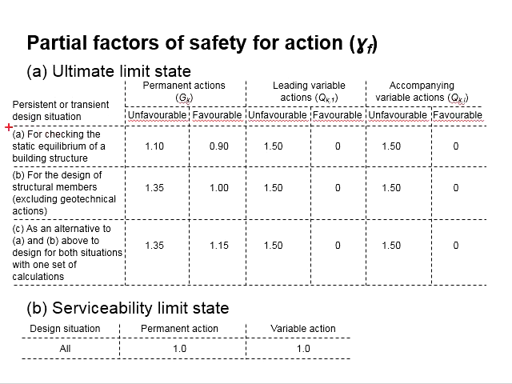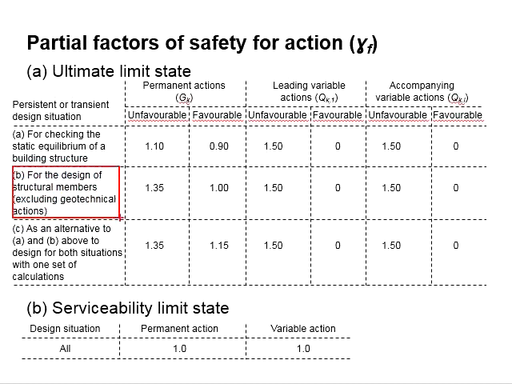There are three sets of conditions to be considered. The first one is for checking the static equilibrium of a building structure. This normally refers to the stability and overturning resistance of the structures. The second one is for the design of the structural elements.